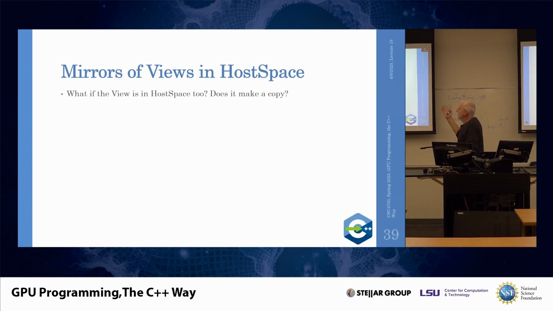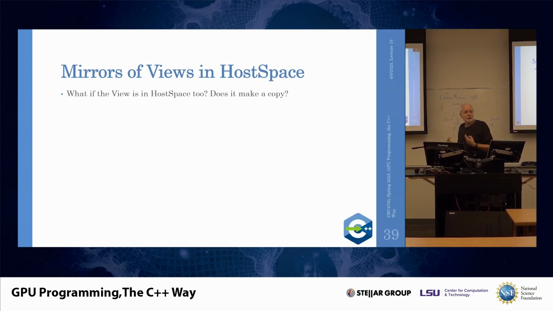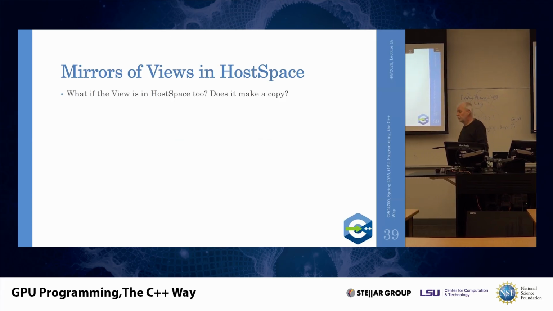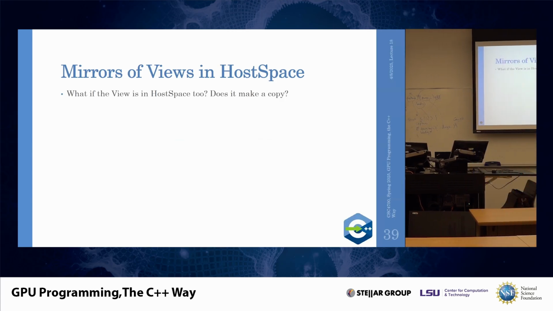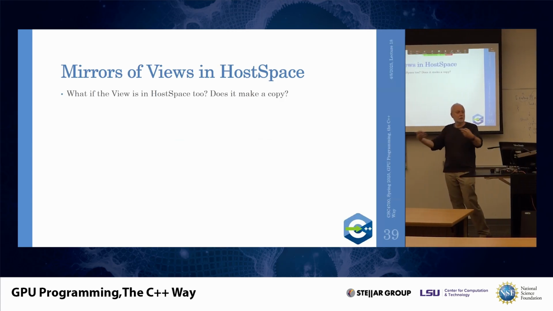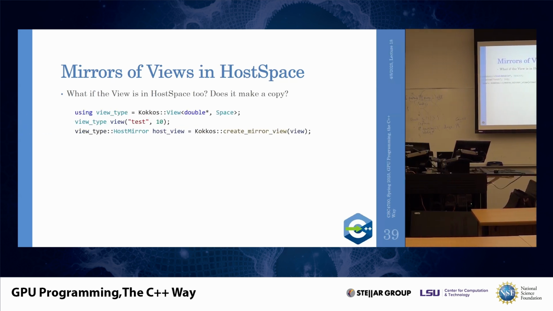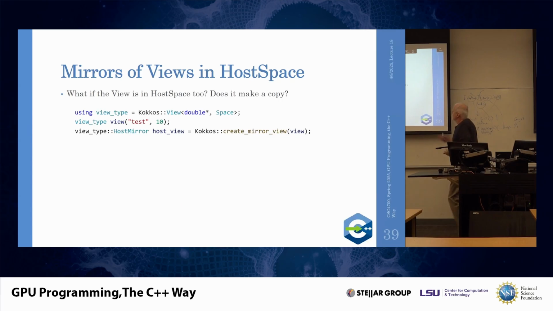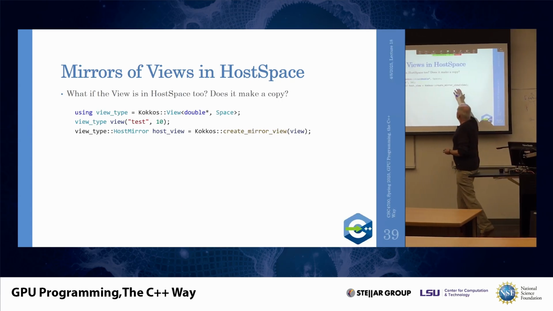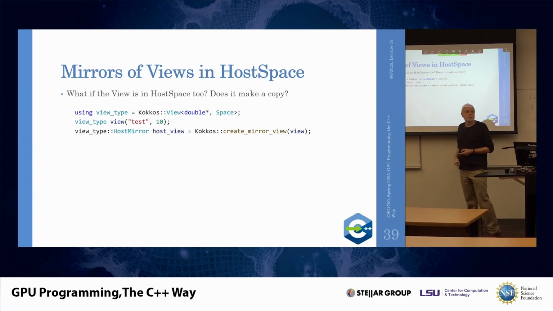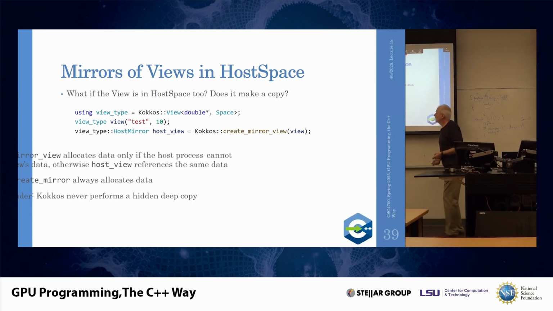So what if the view is in host space and I call create mirror view? Well, nothing happens. Because if the data is on the same device, you will just create a new copy of your view and both will refer to the same data. So that's safe. So create mirror view will not do anything if the two spaces are the same, which is kind of an optimization.